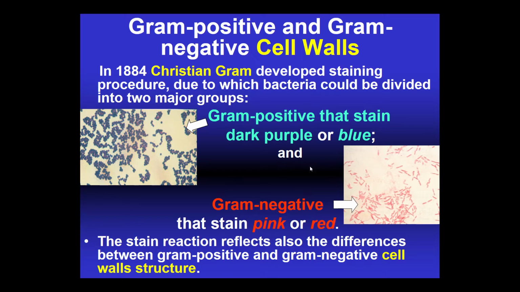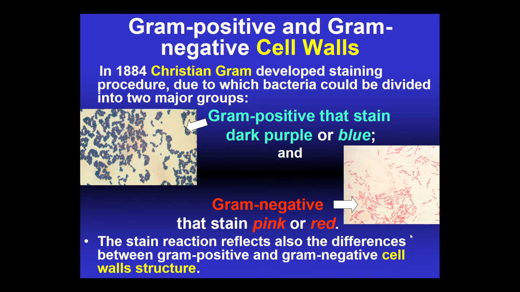So now you can see that the structure of the cell wall is reflected by the stain reaction in Gram staining, introduced in 1884 by Christian Gram. Those bacteria that have a thick cell wall appear violet or dark purple or blue.